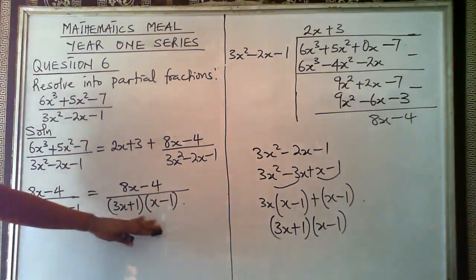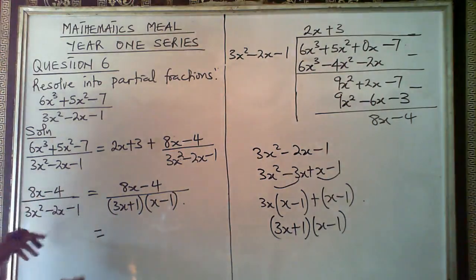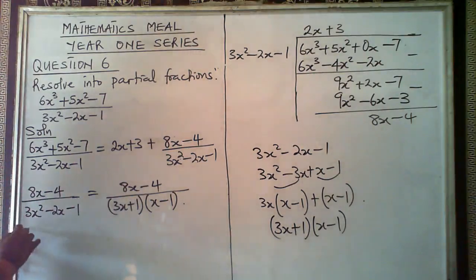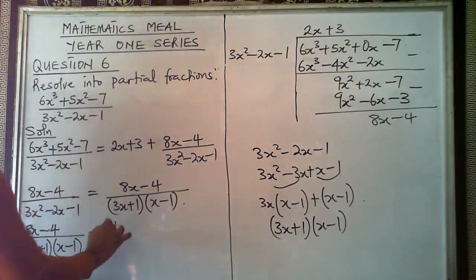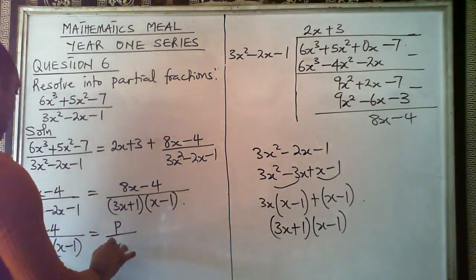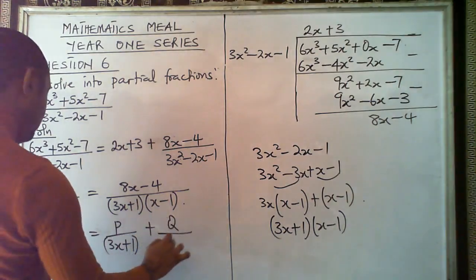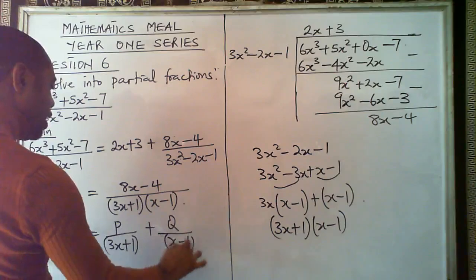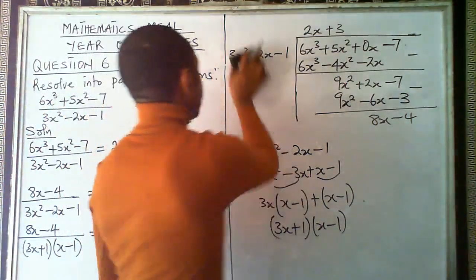So if we now probe this further, it means that the whole of this, 8x minus 4 over 3x plus 1 into x minus 1, is equal to P over 3x plus 1 plus Q over x minus 1. You know, I used letters A and B. You can use another letter. Yeah, so that's what I've done.